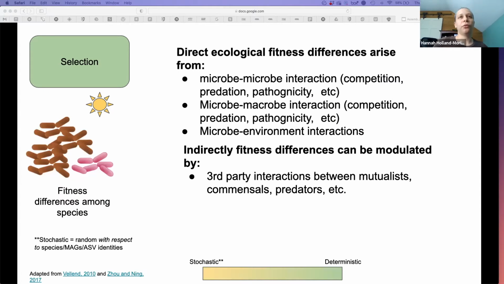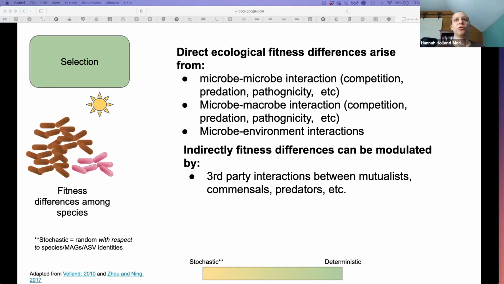So I'm just going to go through these four different pillars and talk about what we might expect. So selection we think of as entirely deterministic, and when we say selection, we just mean the fitness differences among species that give rise to differential abundances in a community.